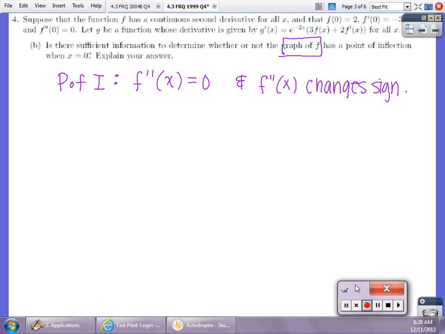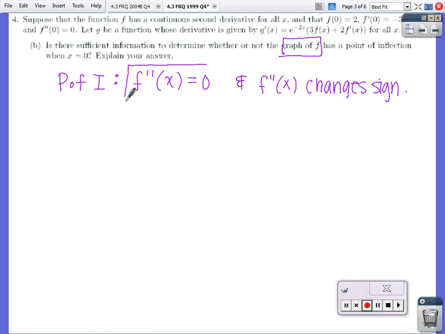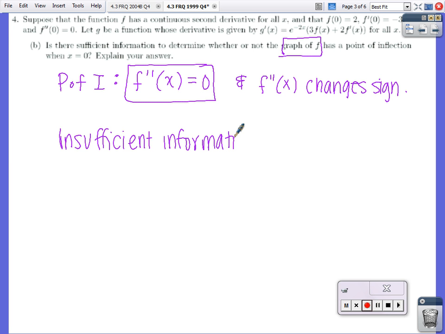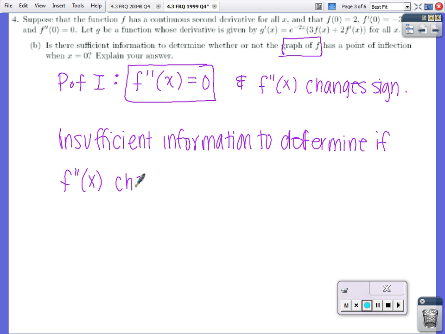At the very top, all it gave us in terms of f was that f double prime is continuous. There's insufficient information to determine if f double prime of x changes sign at x equal to 0.